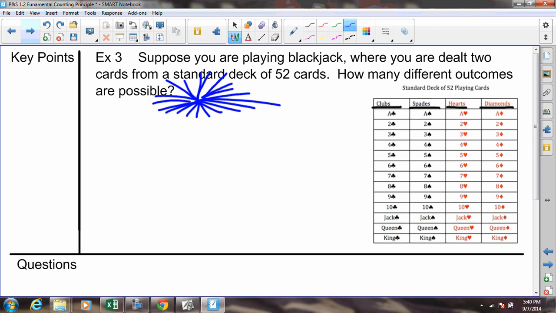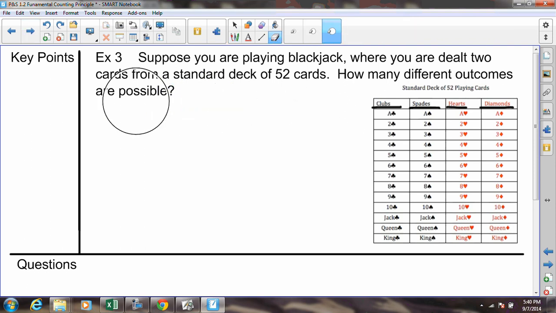But at the end of all 52 of those branches, you have to have another choice for card number 2. And they're going to have to branch off for every single other card. Yes, it would be possible to do this tree diagram, but it would be absolutely massive. There's no way you would want to do it that way. You don't want that whole list. It would take a really, really long time to create that by hand.